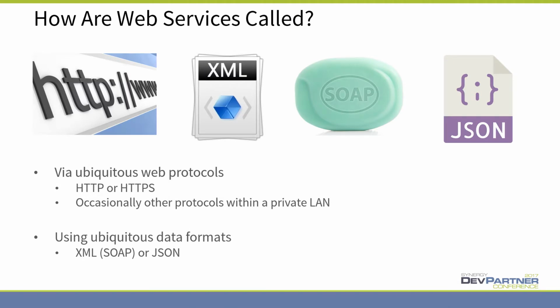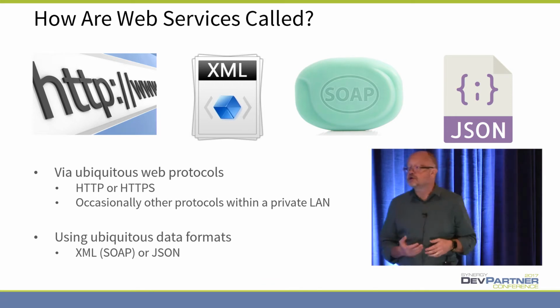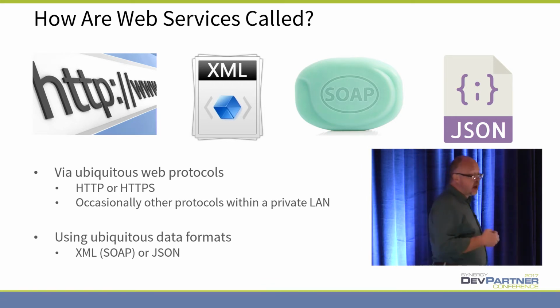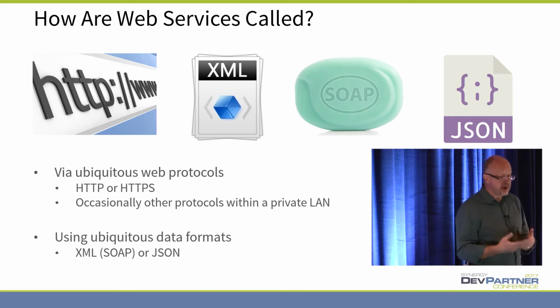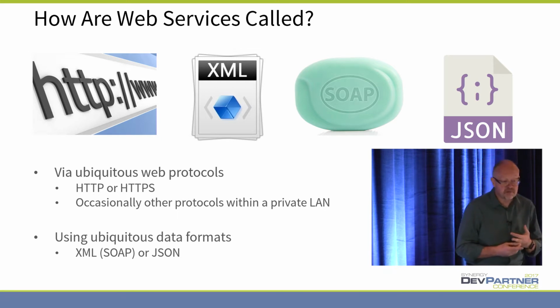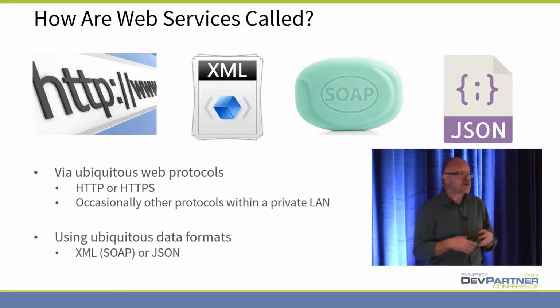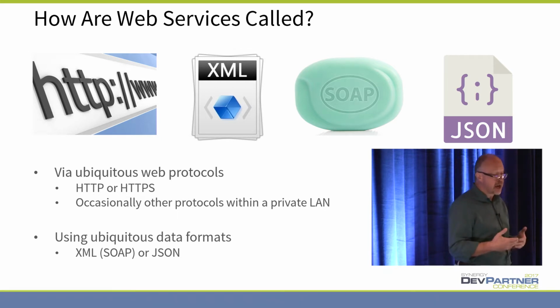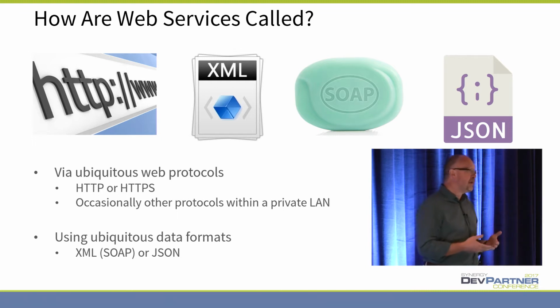How a web service is called, we've already really mentioned this, is through ubiquitous web protocols, almost always HTTP, almost always for deployment HTTPS, the secure version of HTTP, occasionally via other protocols, but usually HTTP, and using some kind of data language. In the older days, with the older versions of web services, XML was very popular.